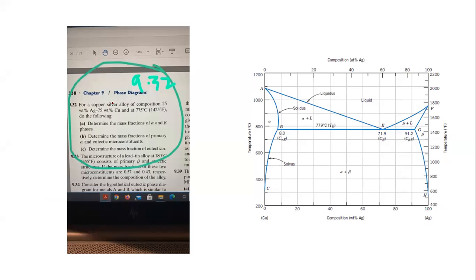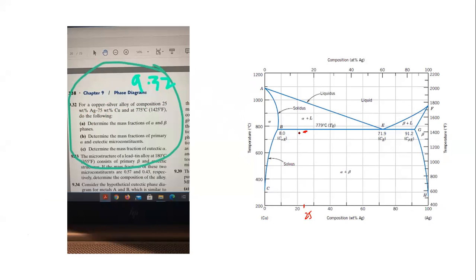Okay, so this is our last question. It says for copper, 25% silver, 75% copper, 775 degrees centigrade. So this is 25% silver. You will note down here, and this is 779, so 775 will approximately be here.